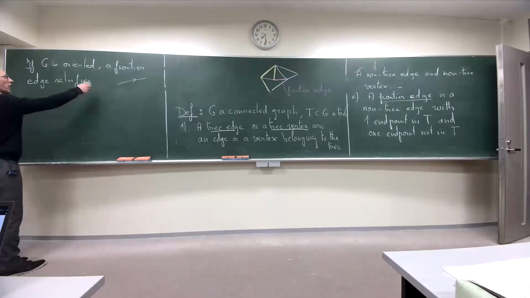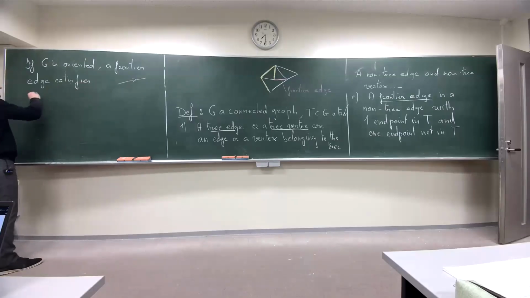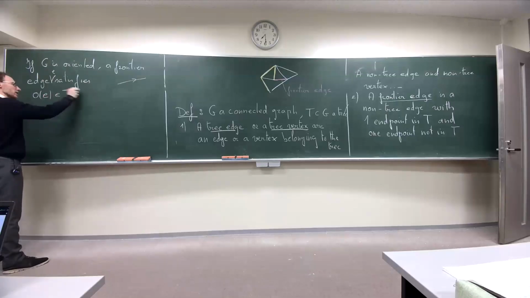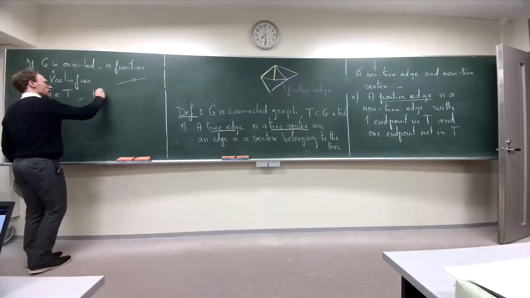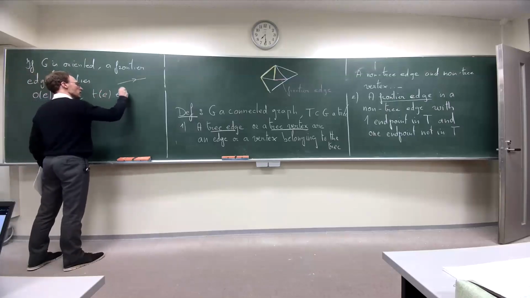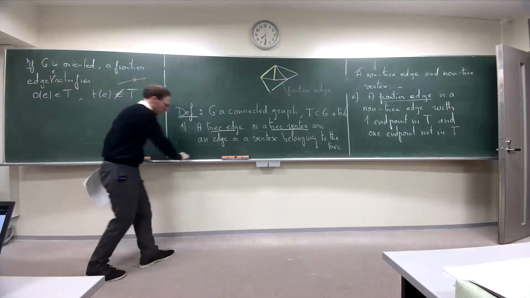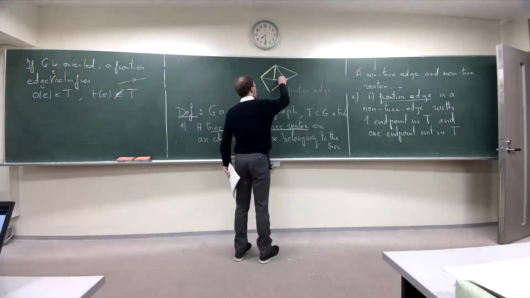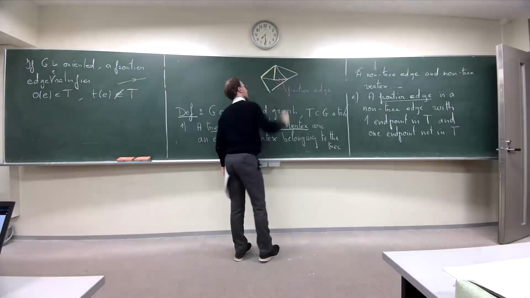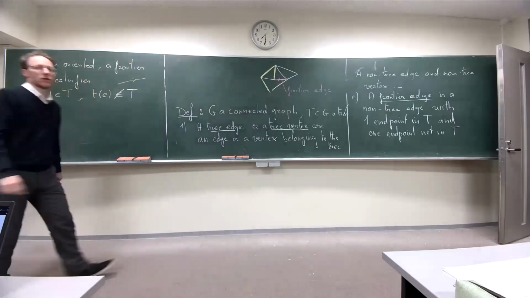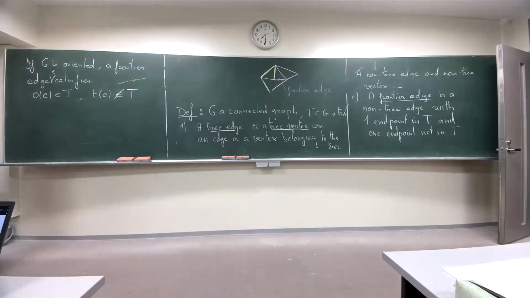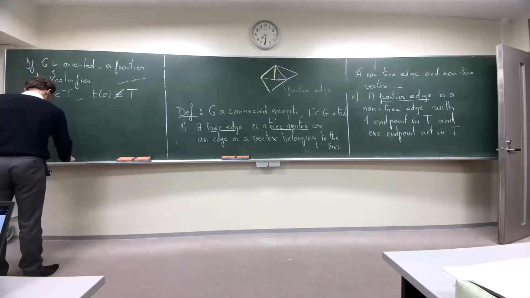A frontier edge e satisfies: the origin is in the tree and the target is not in the tree. So on this picture, if we have an orientation, it should go like this. The origin is in the tree, the target is not. Otherwise, it's not a frontier edge. Okay? This is for oriented graphs.